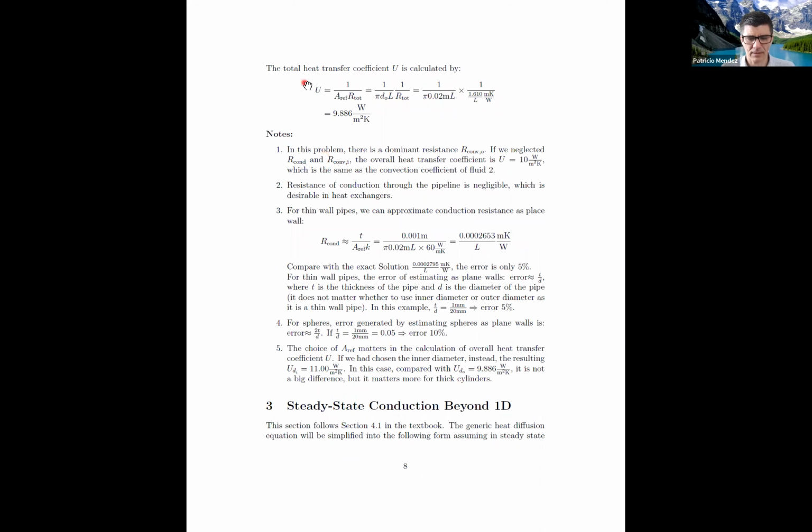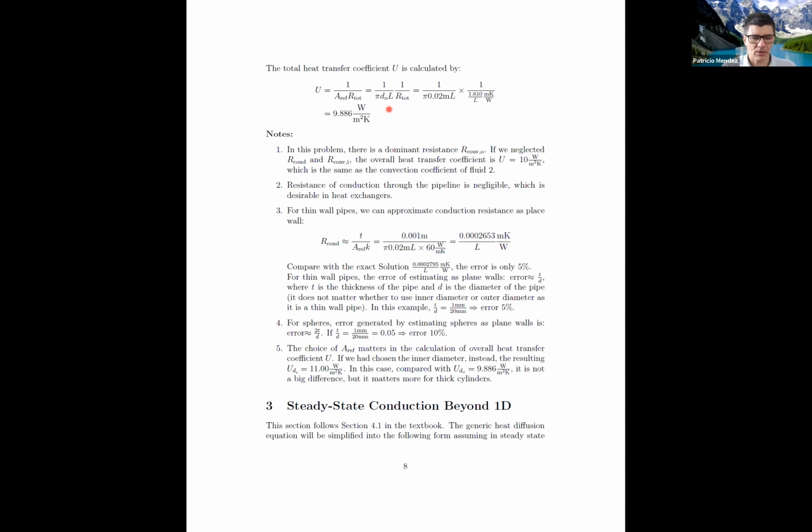So now that I have the total resistance and I have defined a reference area, I can calculate the overall heat transfer coefficient U. Look at this very important thing. We said that the dominant resistance was given by the convection to the air outside.